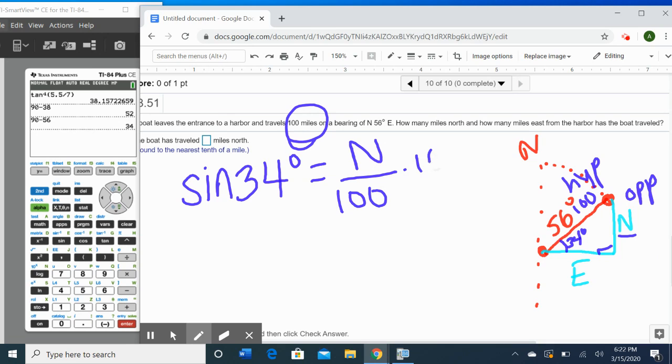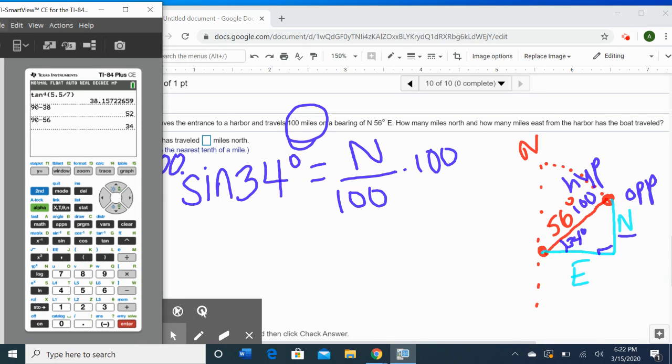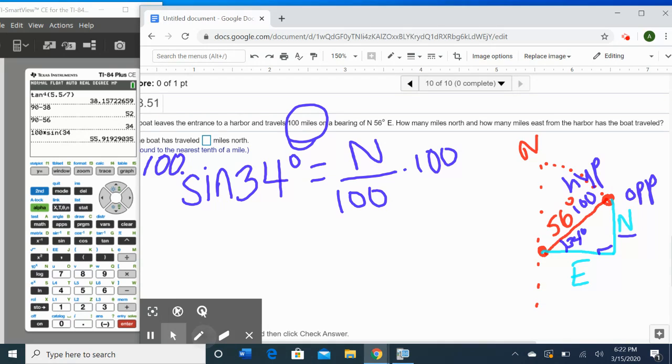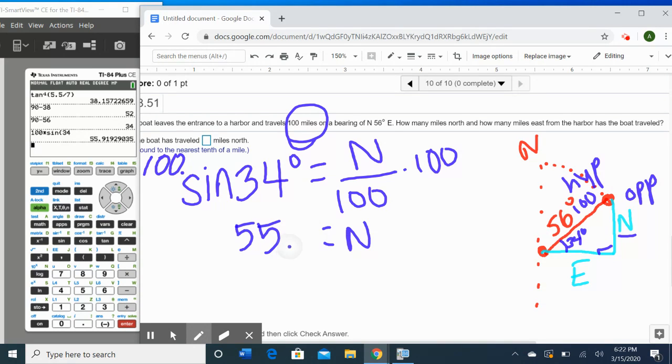When I multiply both sides by 100, it'll tell me how many miles north I went. So I took 100 times the sine of 34, and I got that I went 55.9 miles north. Then to decide how far east I went, I recognize that east is the adjacent. Since I'm using the adjacent and the hypotenuse, which is what I was given, I'll use the 100.